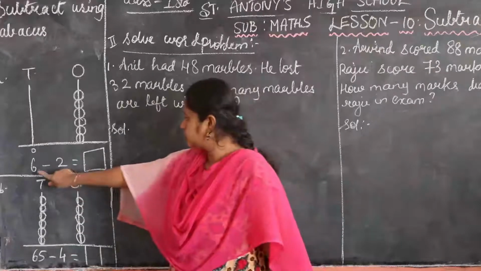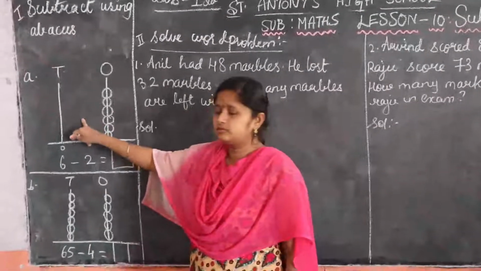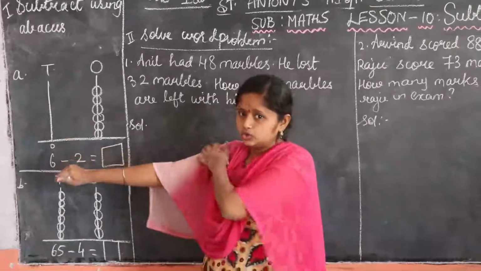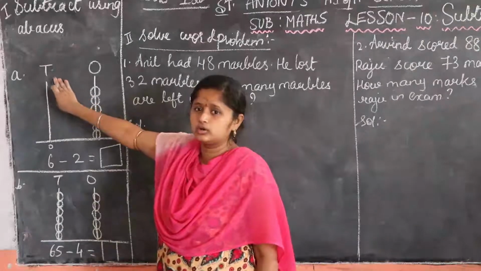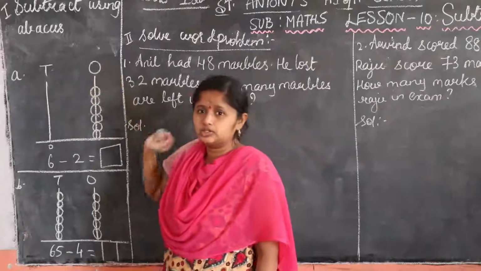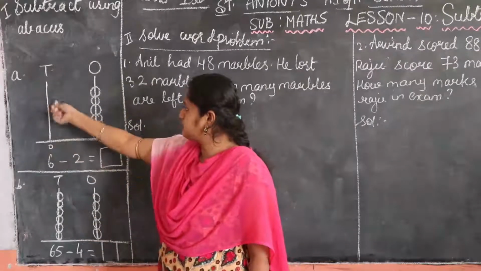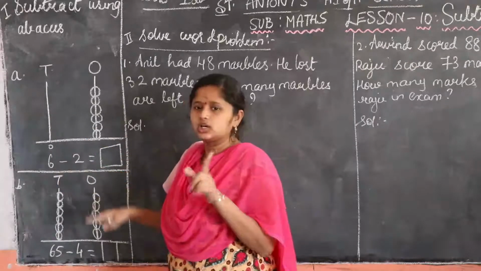Okay, now here is the question: 6 minus 2. We have drawn the abacus and named the tens place and ones place. In the tens place there is nothing, because here is a single digit.